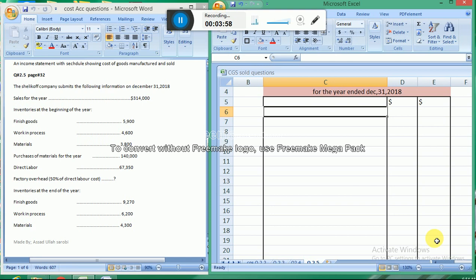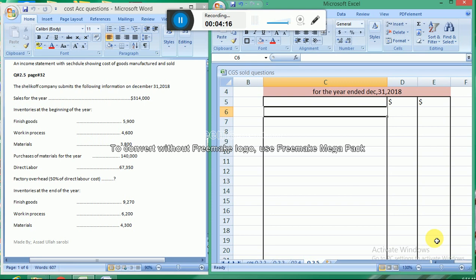This is the one year data of 2018. So 2018 is the current year which ends today.